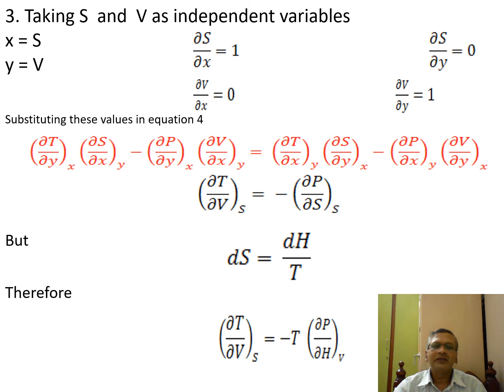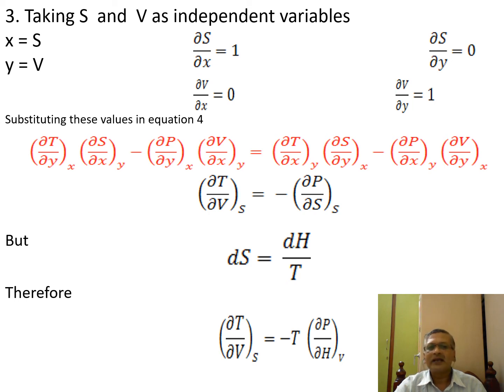Now, to the third thermodynamical equation. The third thermodynamical equation takes s and v as independent variables. x is equal to s and y is equal to v. Now differentiate. ∂s upon ∂x becomes 1, ∂s upon ∂y becomes 0, ∂v upon ∂x is 0, and ∂v upon ∂y is 1.